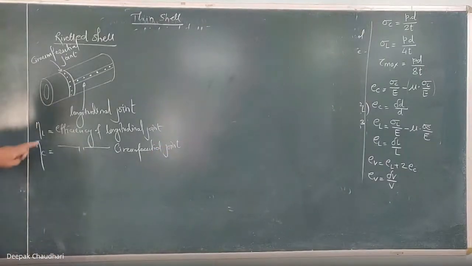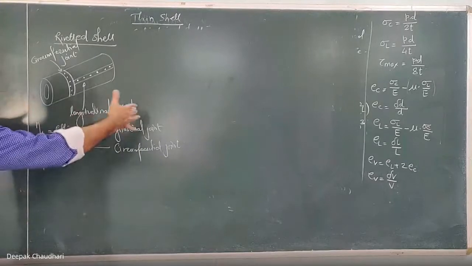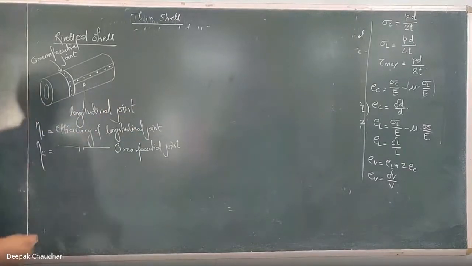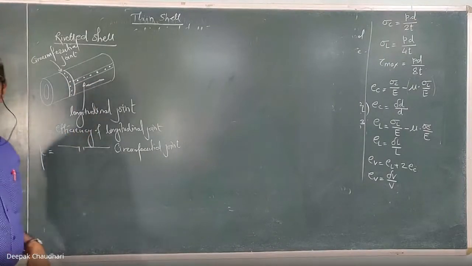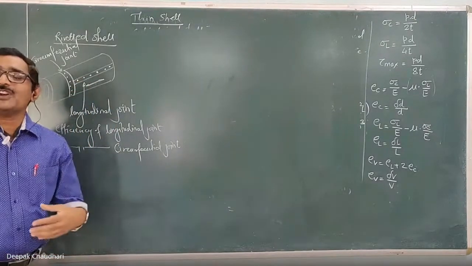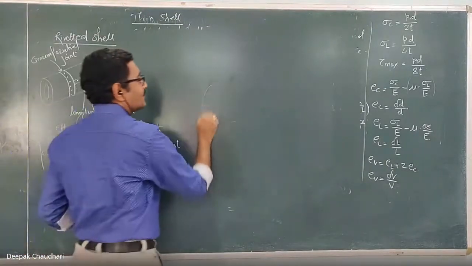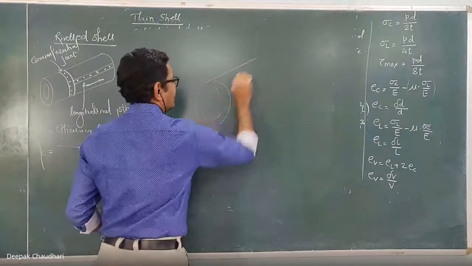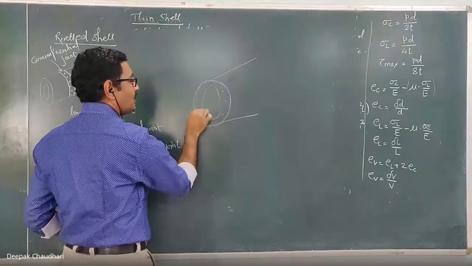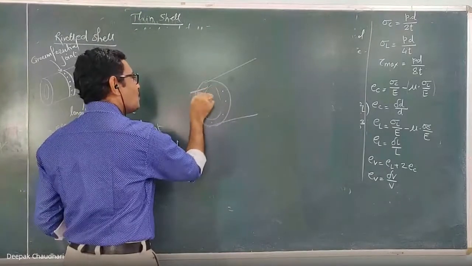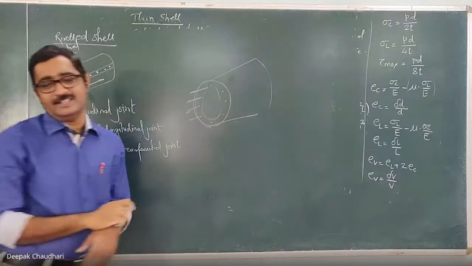Now, because of this circumferential joint, the longitudinal strength gets reduced. Because of this circumferential joint, the resisting forces which are acting, and because of this hole for the rivet, this force of resistance which is acting along the length gets decreased.